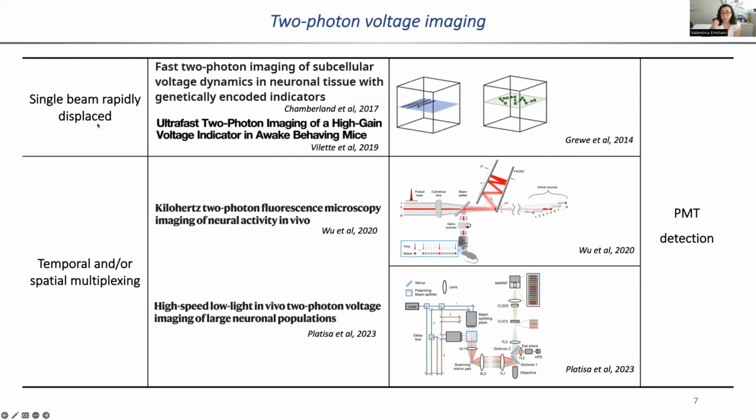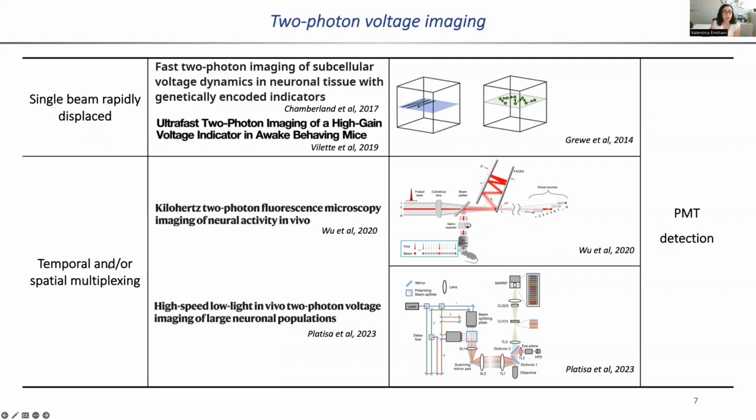For voltage imaging, conventional scanning is too slow to be able to record the activity. And so different techniques have been developed that can be divided into two main categories. The first one is random access microscopy, where a single beam is really rapidly displaced across pre-selected locations.